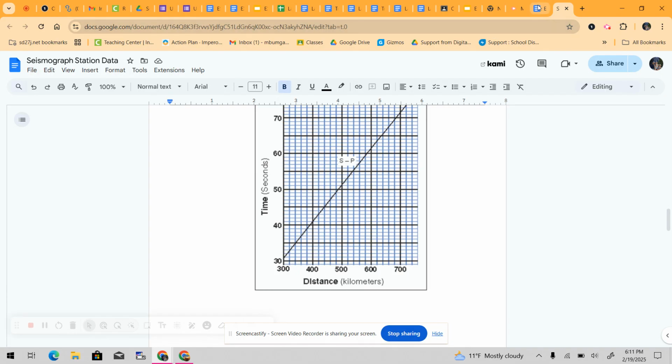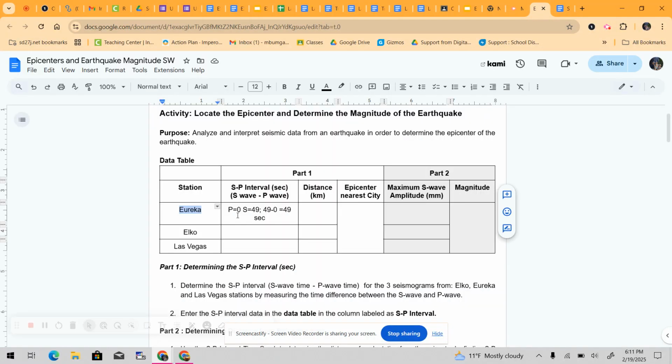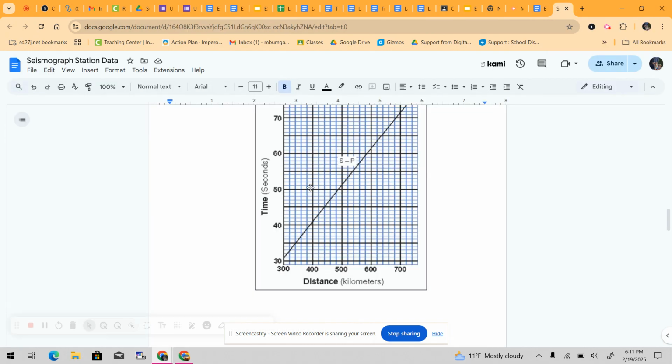So because my SP interval for Eureka was 49 seconds, I'm going to plot 49 seconds on the Y of my graph here. So here's 50, 49 is just one under that. What I'm going to do is trace this blue line horizontally till I hit my SP line, this black diagonal line here.